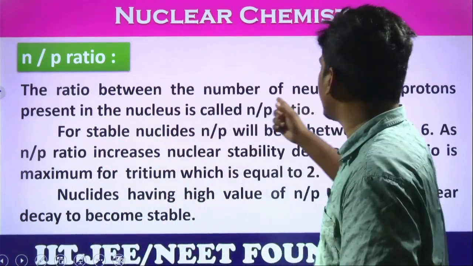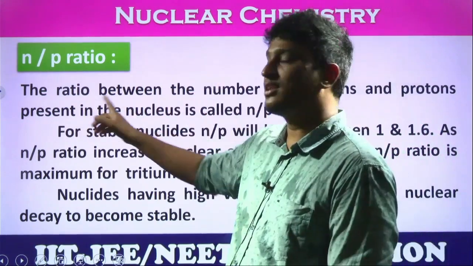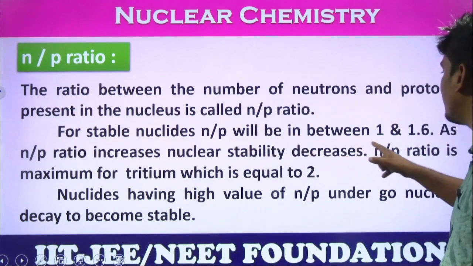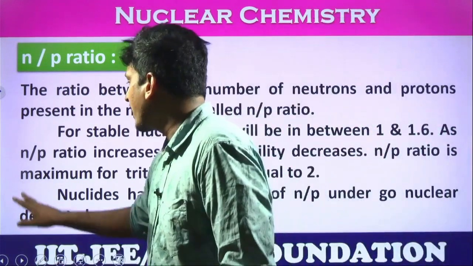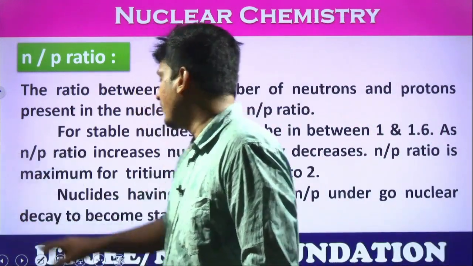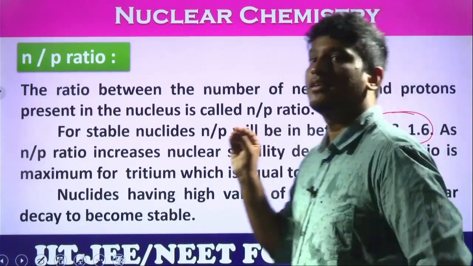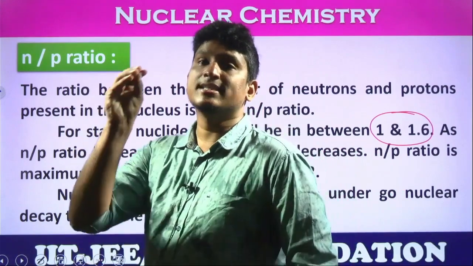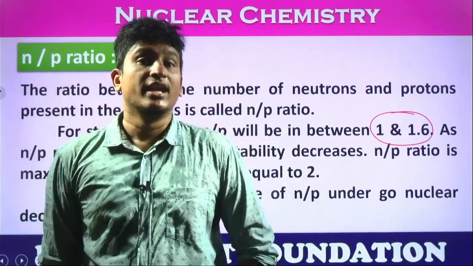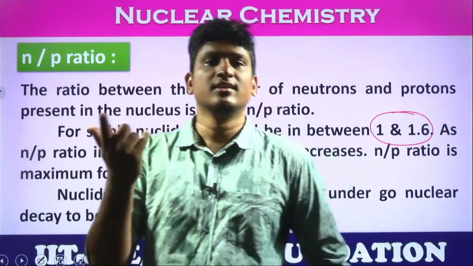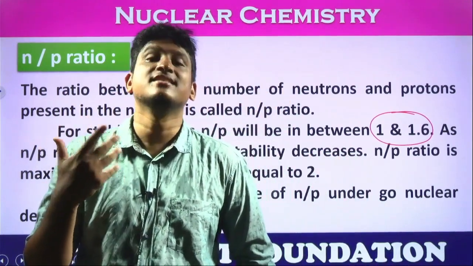The ratio between the number of neutrons and protons present in the nucleus is called the N by P ratio. For stable nuclides, N by P will be between 1 and 1.6. If the ratio is between 1 and 1.6, then the nuclide is said to be stable. If it is more than that, that means if more neutrons are present, the nucleus becomes unstable.